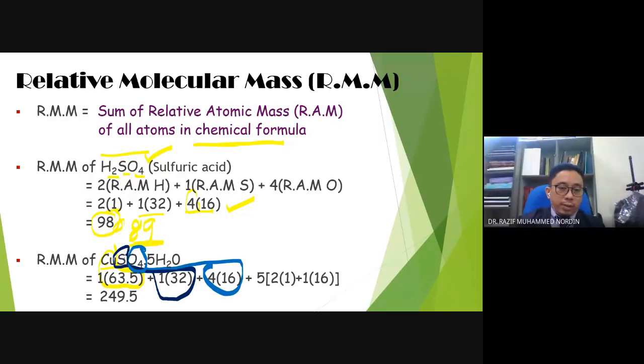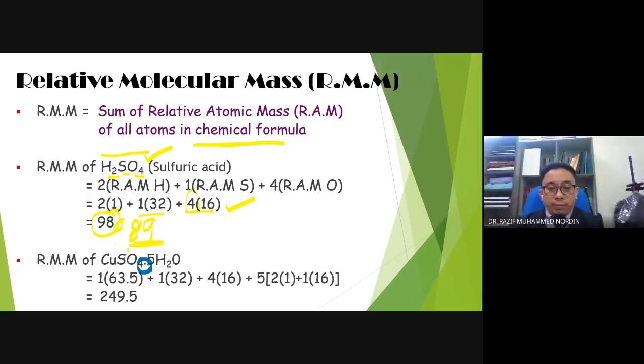Kalau you tengok di sini, ada dot di sini. Dot, it means that after dot ada 5. So it means that then ada 5 molecule of H2O.